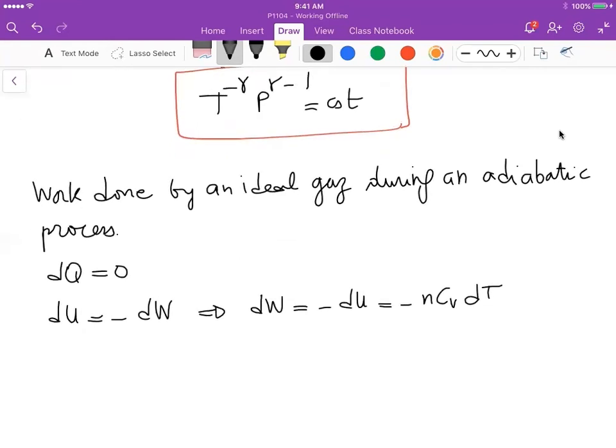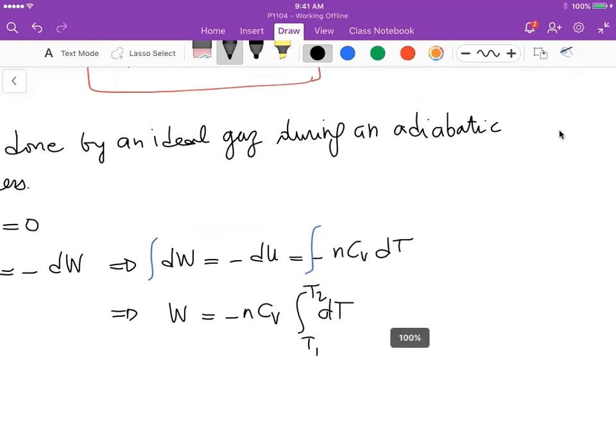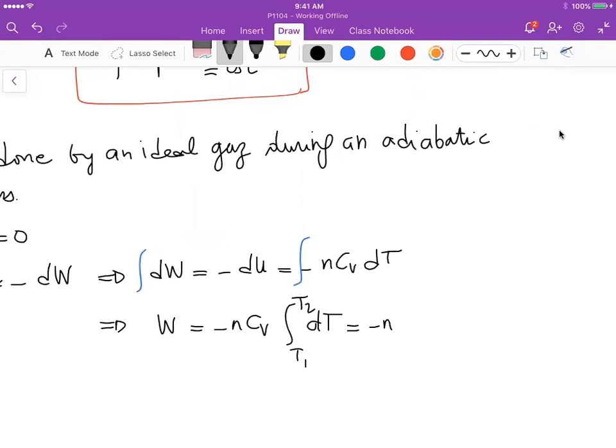And so if you just do the integral on both sides, you end up with the work done by an ideal gas during an adiabatic process given by minus n times C_V integral of dT between, let's say, T1 and T2. Okay, and so this is given by minus nC_V (T2 minus T1).